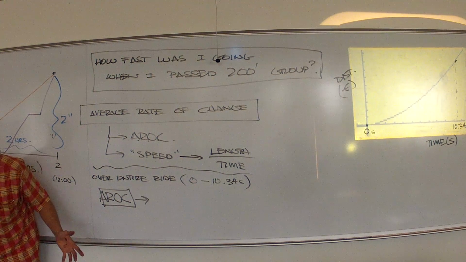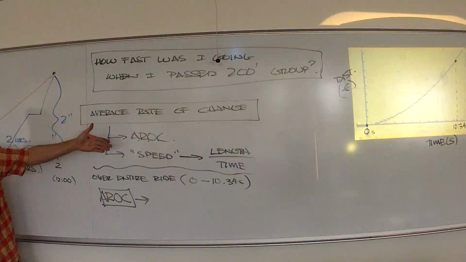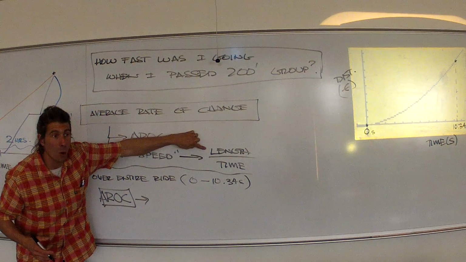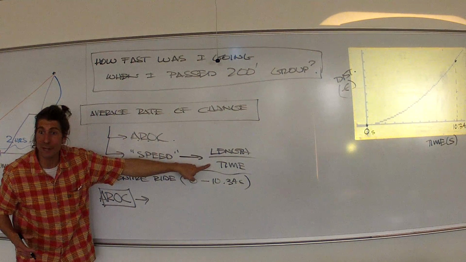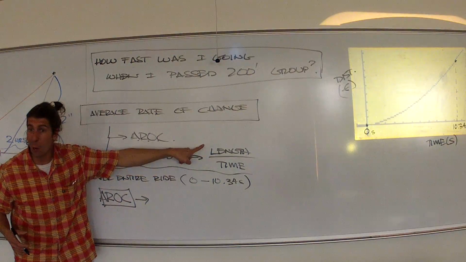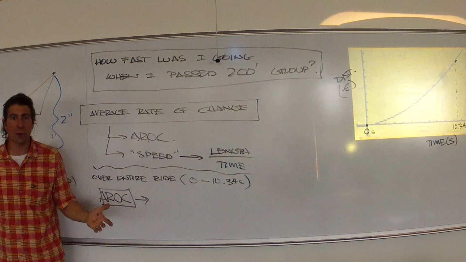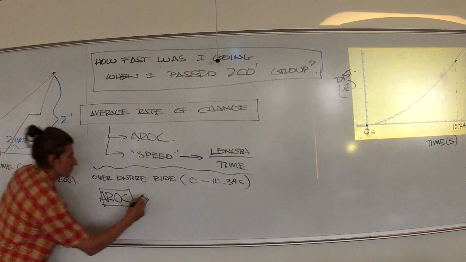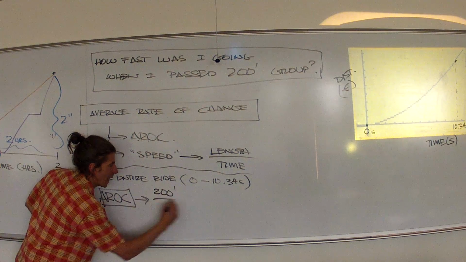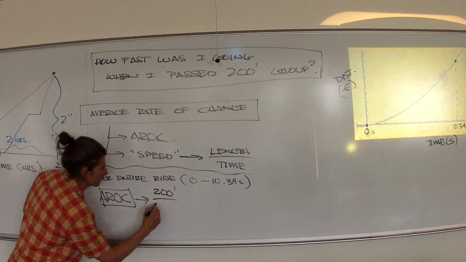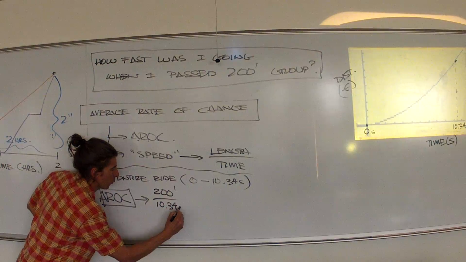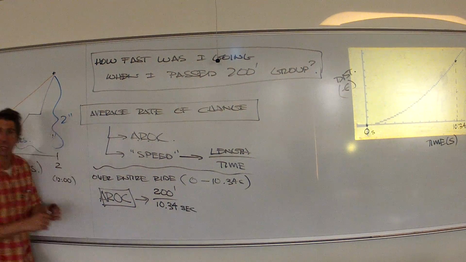Well, all we've got to do is apply this idea to it. How far did I go? How long did it take me to do it? I went 200 feet, and it took me 10.34 seconds to do.